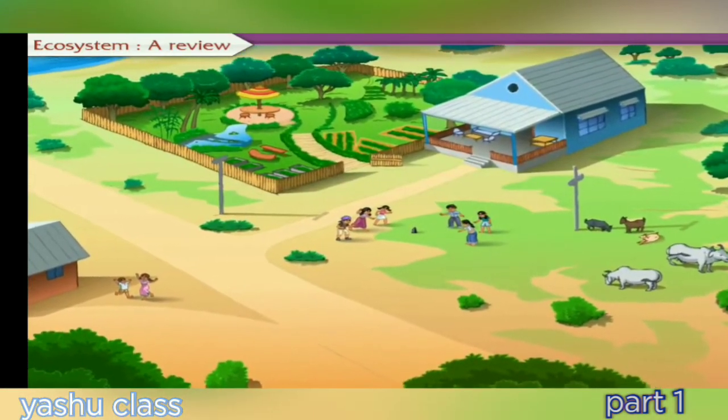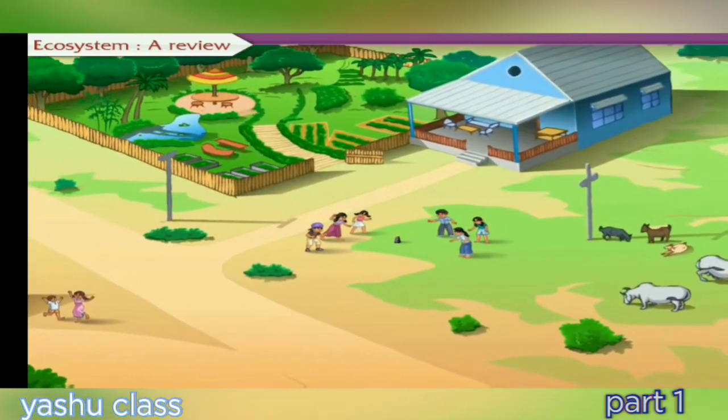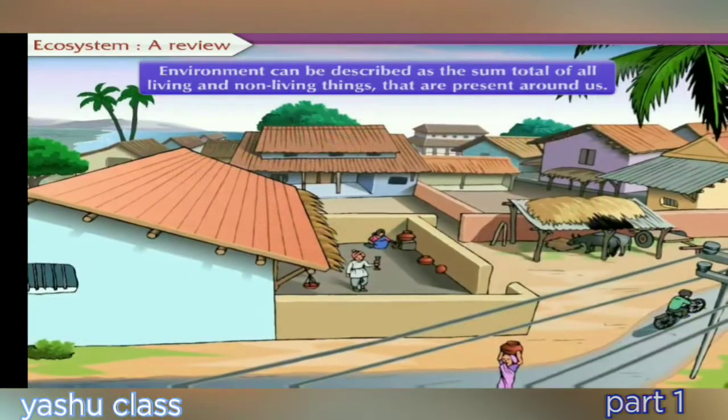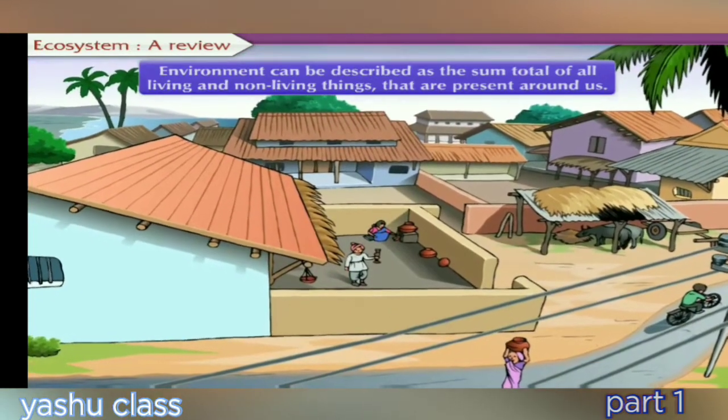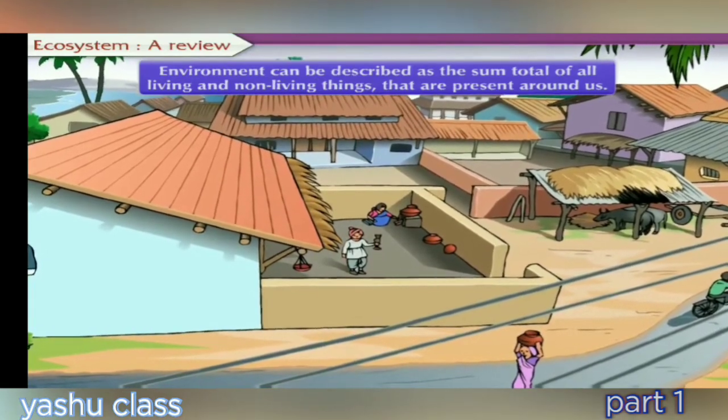Now, whenever we talk about ecosystem, it is like talking about our surrounding environment. Environment can be described as the sum total of all living and non-living things that are present around us.